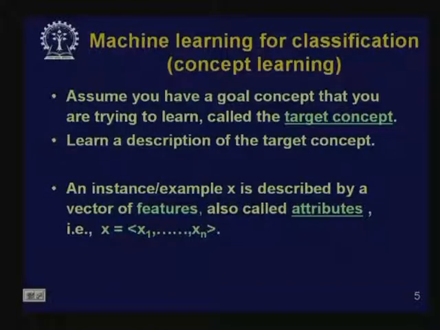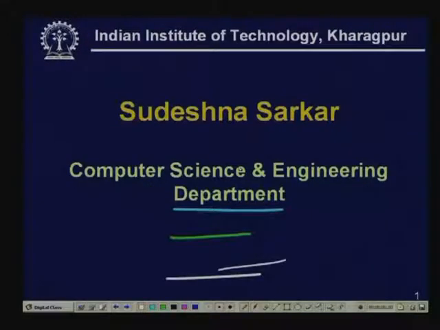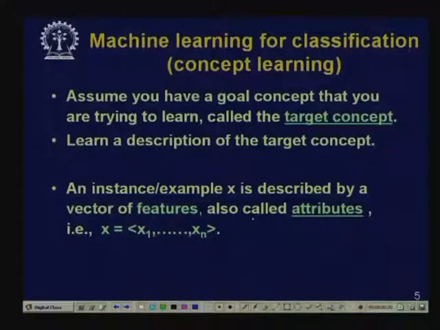So, your objective is to learn a description of the target concept, and what you are given is a set of examples which we call the training set. An example or an instance X is described by a vector of features, also called attributes. For example, suppose X is an instance.